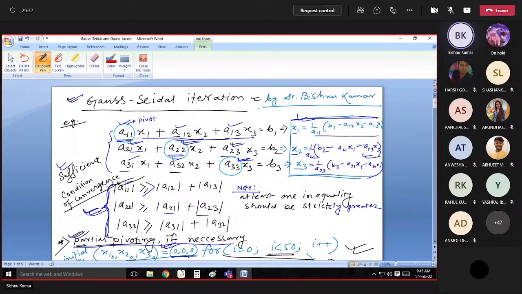It will give you less computational error or less computational time, because in Gauss-Seidel iteration the immediately updated value is used in the next calculation, so you will get the result quickly. The number of iterations will be less compared to Gauss-Jacobi iteration. The name is confusing actually.